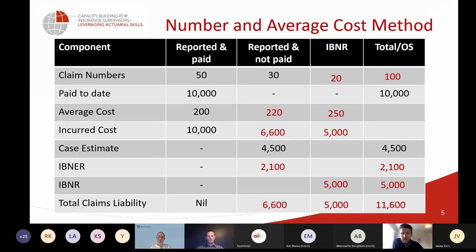So 20 claims, 250, total incurred of 5,000. This is pure IBNR, 5,000. So the liability for that part is 5,000. So total liability is 11,600.